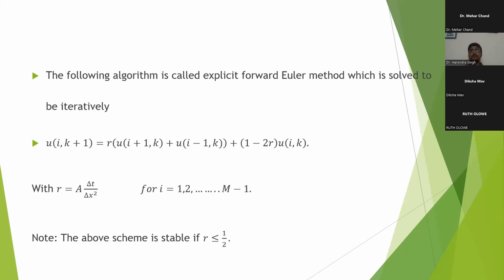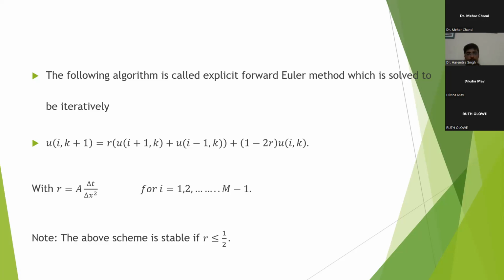Blow up means your solution will not work and the result will not be accurate. The scheme is right, the program is right, but the numerical result will not be accurate. So it is part of your numerical programming: when you are selecting delta t and delta x, that is, when you are discretizing the space variable and time variable, you should be careful.